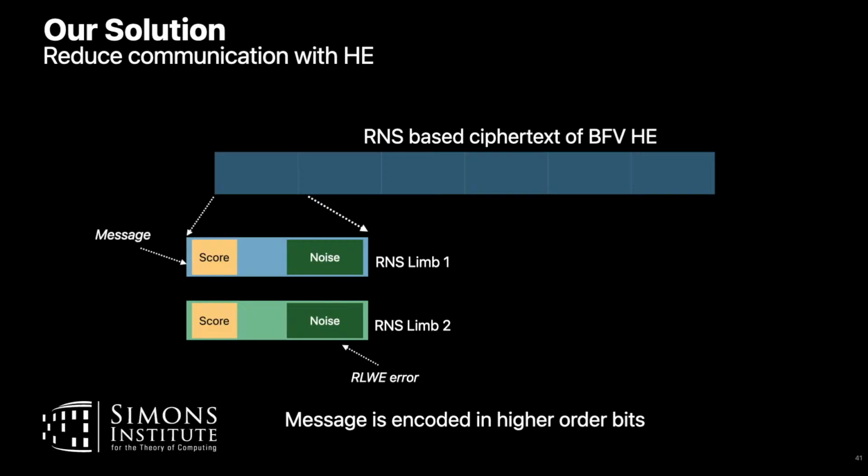A few more optimizations that we ended up implementing: under the scheme, each ciphertext has two components, and you need both during the compute phase. But what we noticed is that the message is always encoded in the higher order bits, while the noise is encoded in the lower order bits.